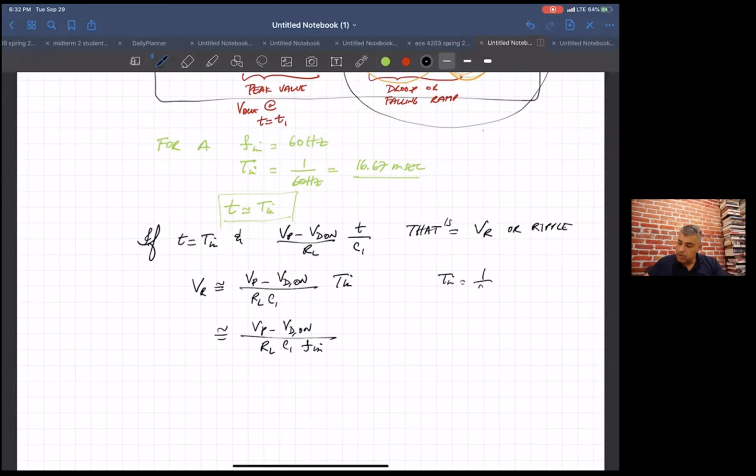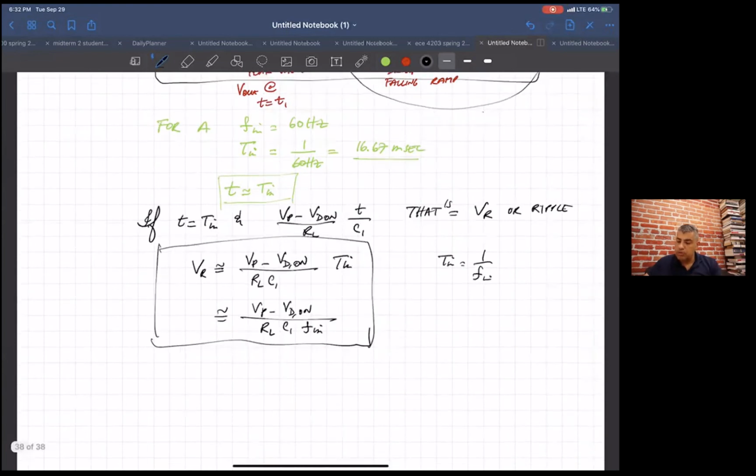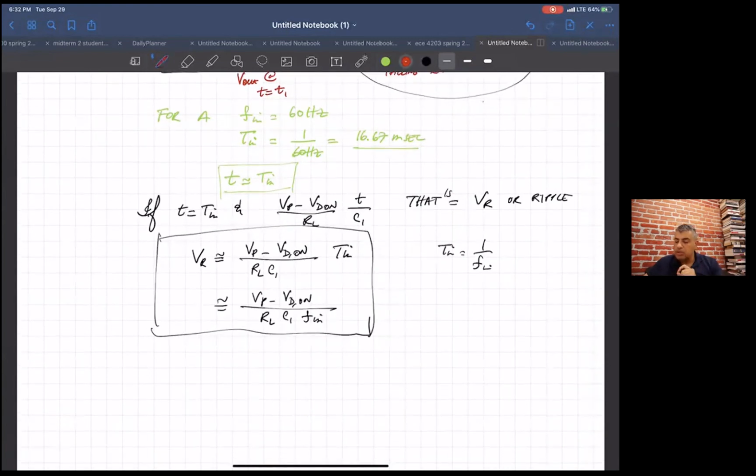Tn is 1 over Fn. Okay, so that's the main equation here, if you did not screw up your design.